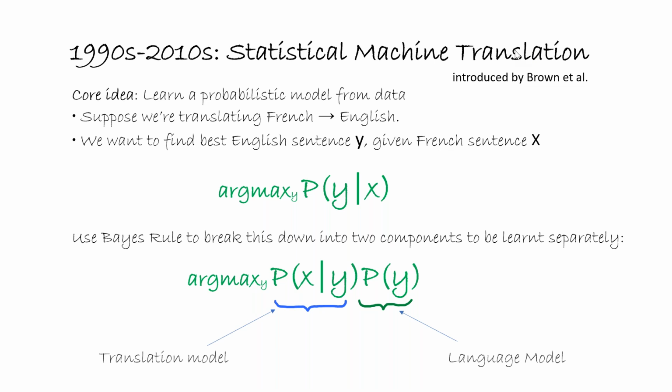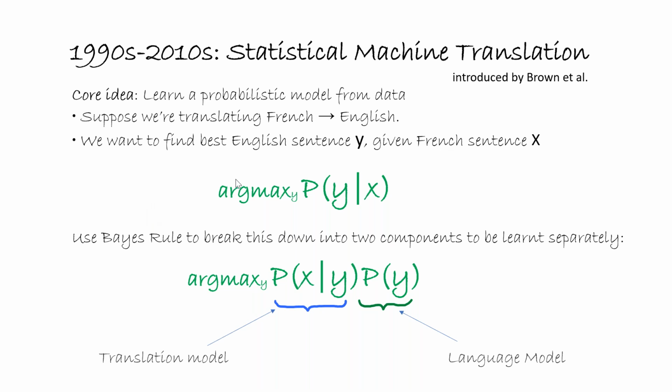As we see here, the core idea was a probabilistic model learned from data, right? This is basically Bayes' theorem, where something is given and you have to predict something: y given x. For example, an English sentence y given a French sentence x.